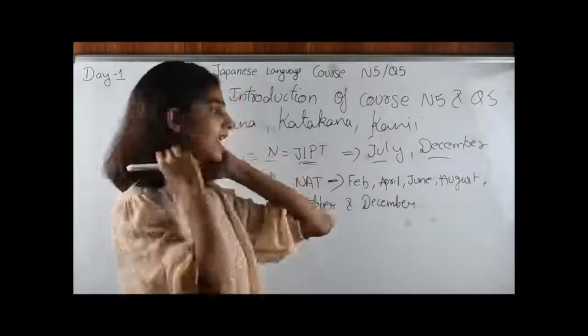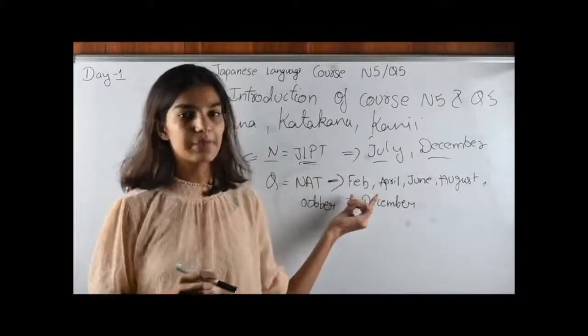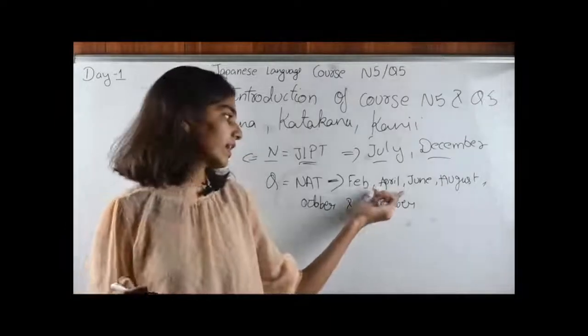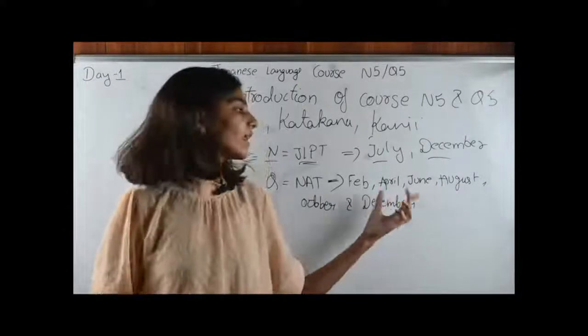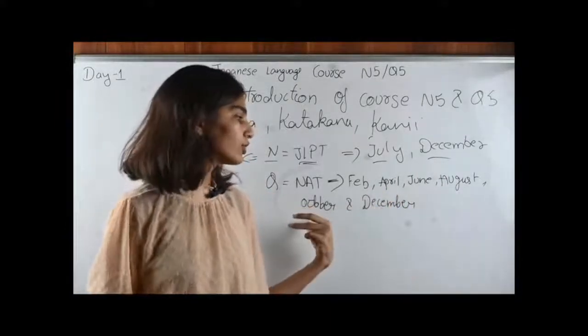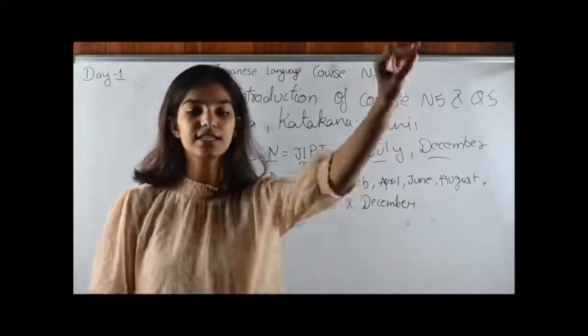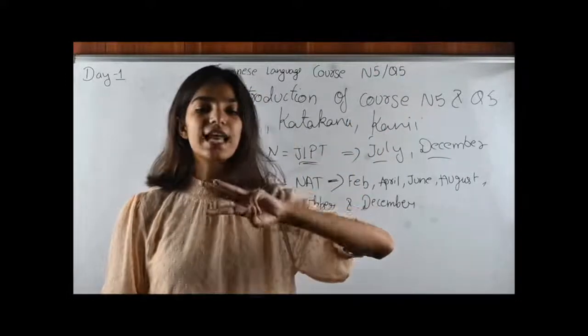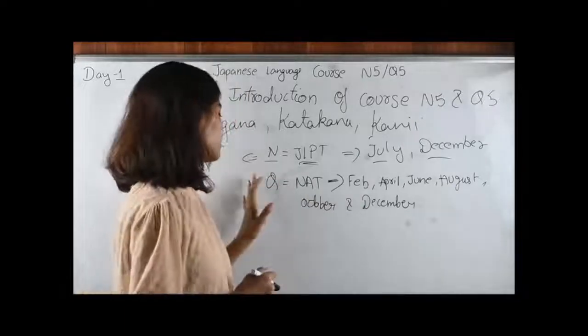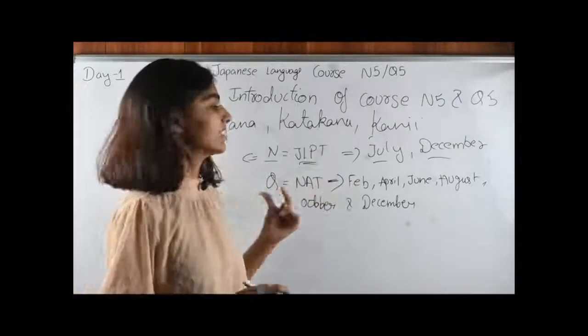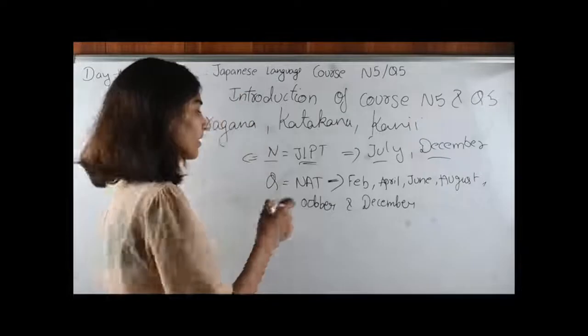If you are unable to succeed in February, no problem, you can give the same in April, and then June, August, October, and December. So Q stands for NAT and N stands for JLPT.